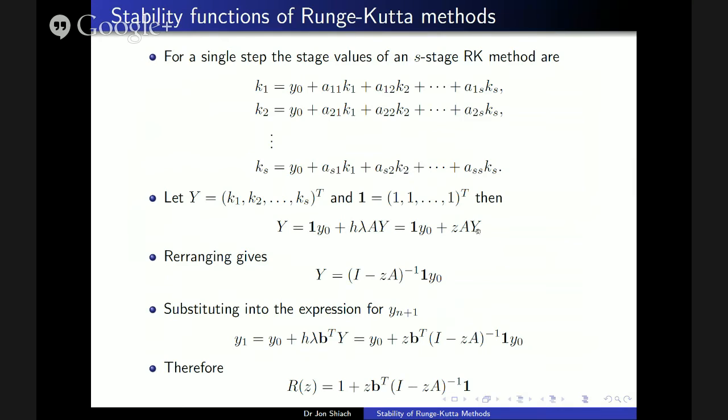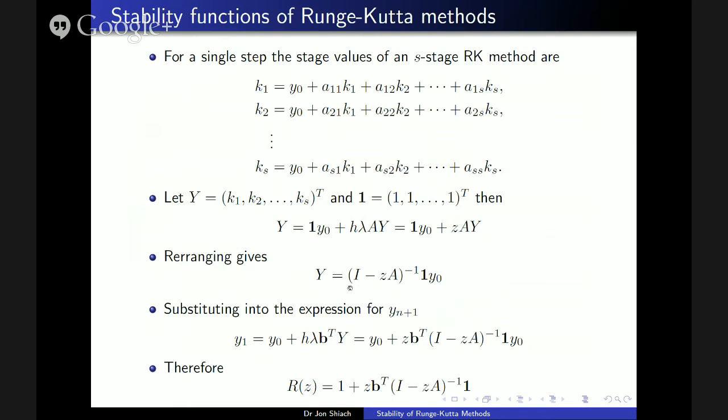If I subtract zAY from both sides, factorize in terms of Y, then invert and take it back over the other side, I get this term. Y is my stage values, I is the identity matrix, z is h lambda, A is whatever comes from my Runge-Kutta method. That is inverted; this is a square matrix. If I invert that and multiply it by my vector of 1s times my y0, I have my k stage values.